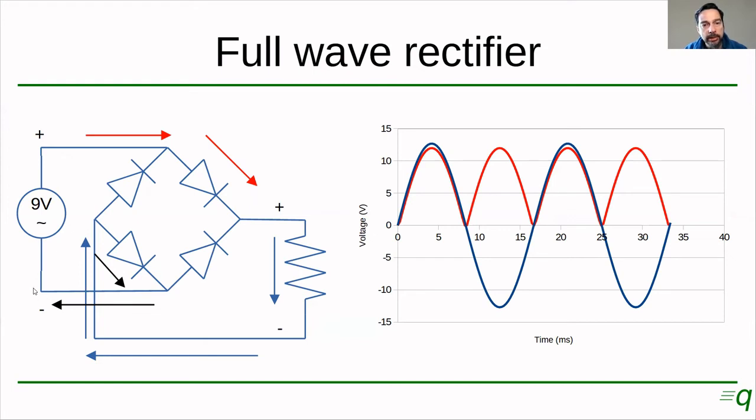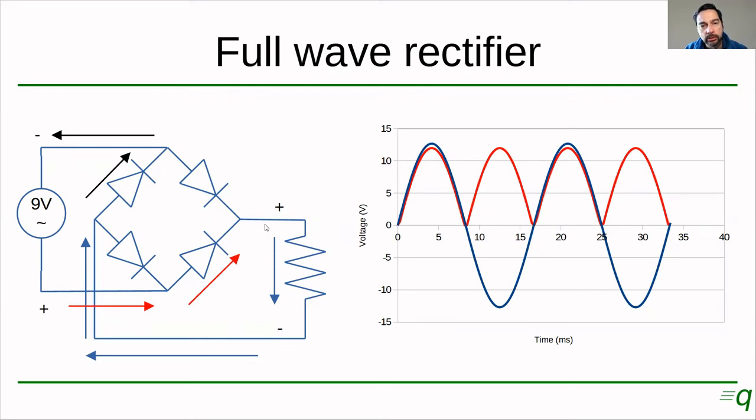So what happens when the polarity gets reversed? When the polarity gets reversed, I have positive here, right? And current flows through this wire, then it cannot flow through this diode because that would be in reverse. But it flows through this diode, again through the resistor.